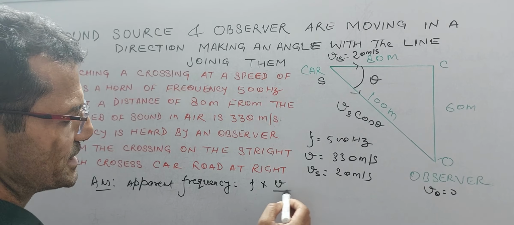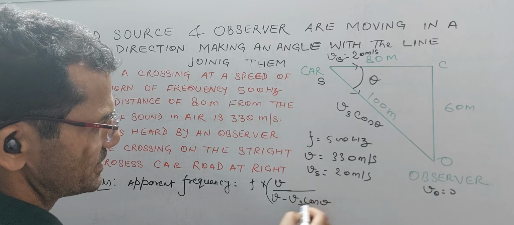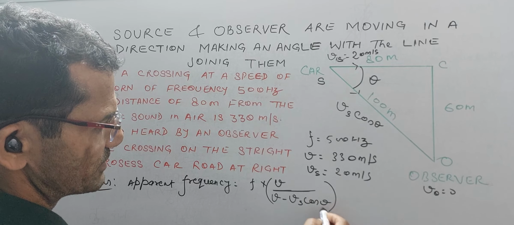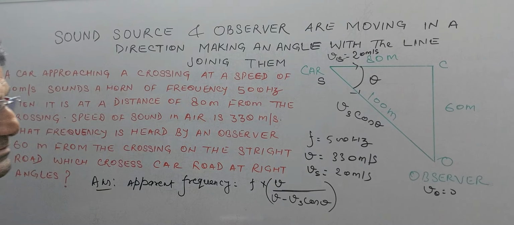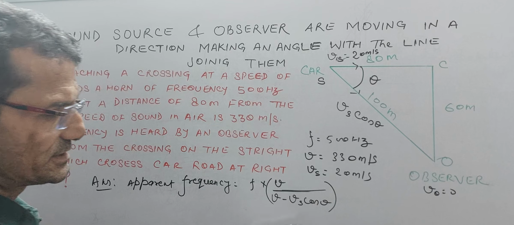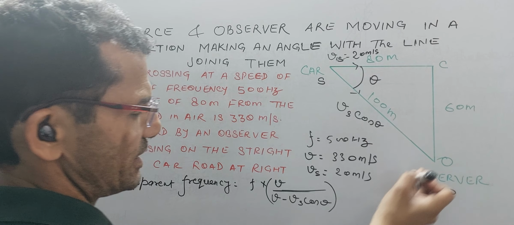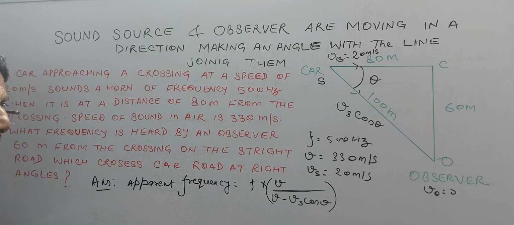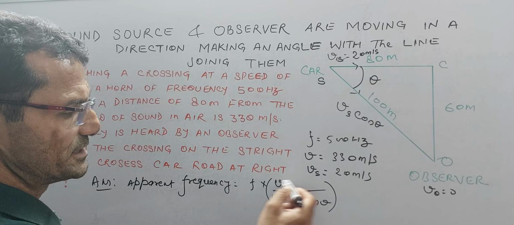Therefore it is V minus Vs. If the apparent frequency is changing due to the source, its component comes in the denominator, and if the observer is moving, the observer's component always remains in the numerator.